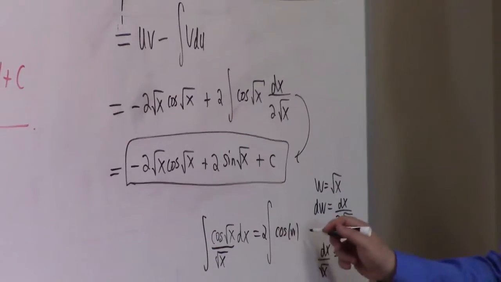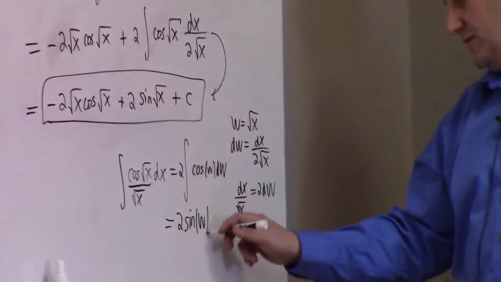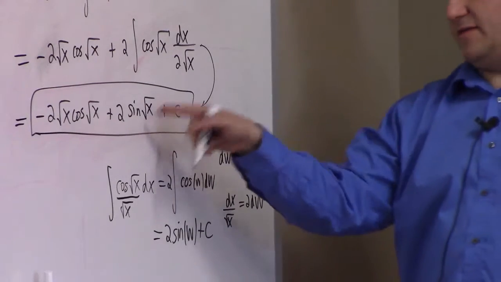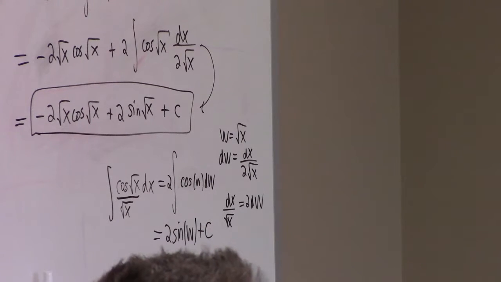So I get 2 sine of w plus a constant. And that's how I got this up here. I also made that same w substitution in finding v from dv by integration at the start of this. So that's how to carry out the hint. It takes some imagination to see the u and the dv to start with, is the point.